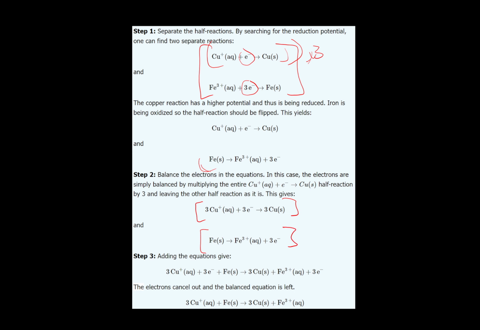Then a lot of persons do recommend that you add the equations together and then cancel out. But I do recommend personally that you cancel out before you add the equations together. So once you have the electrons being the same number, we cancel both of them and then just add the remaining things. Then we put everything together: we put reactants together and we put products together.